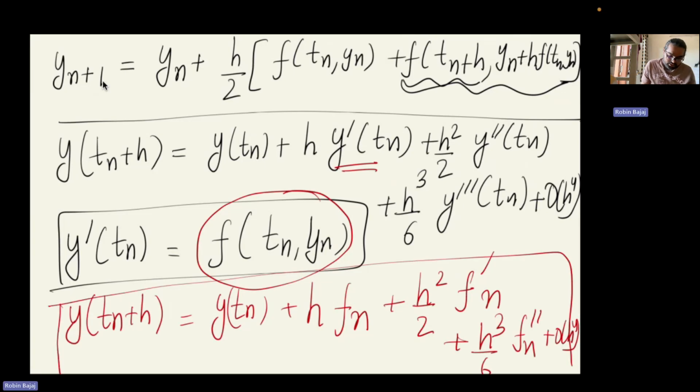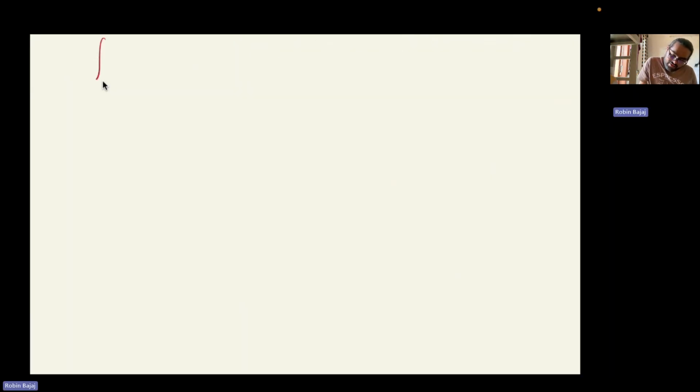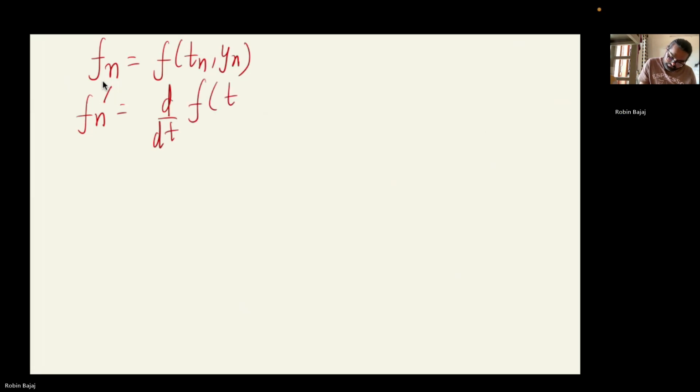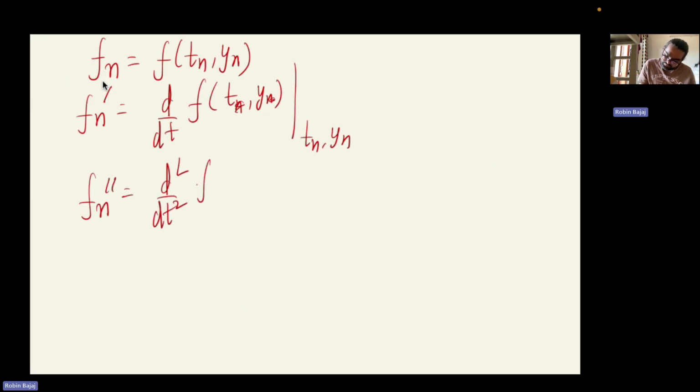So this is our condition now, where f of n was f of tn, yn; f of n derivative was d by dt of that at tn, yn; and f of n double derivative was d by dt square of that at tn, yn. Perfect. Now let's substitute these things in the modified Euler method.